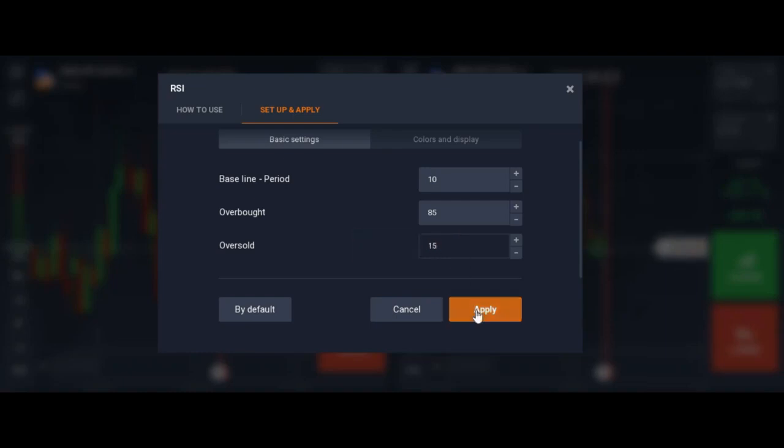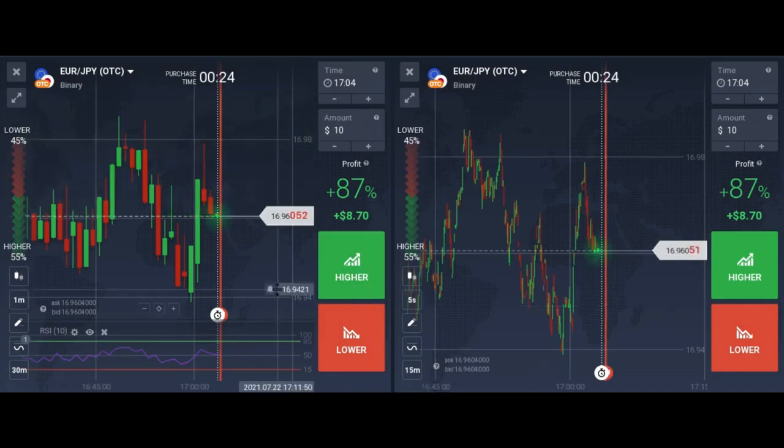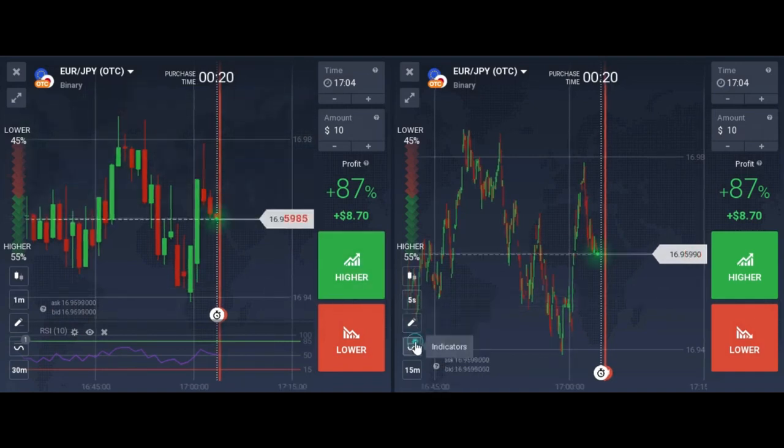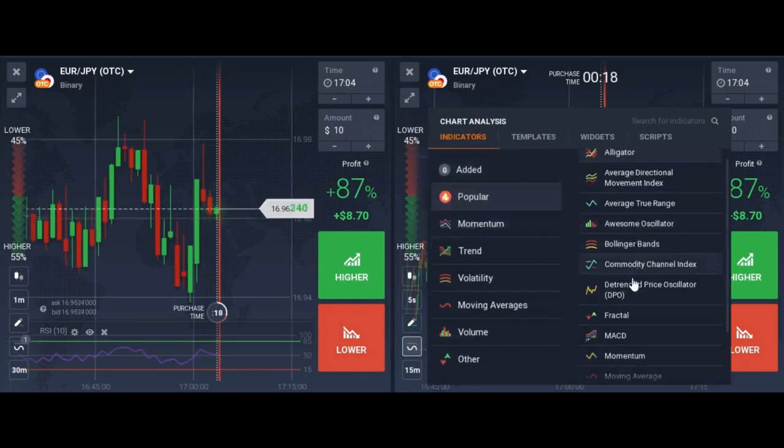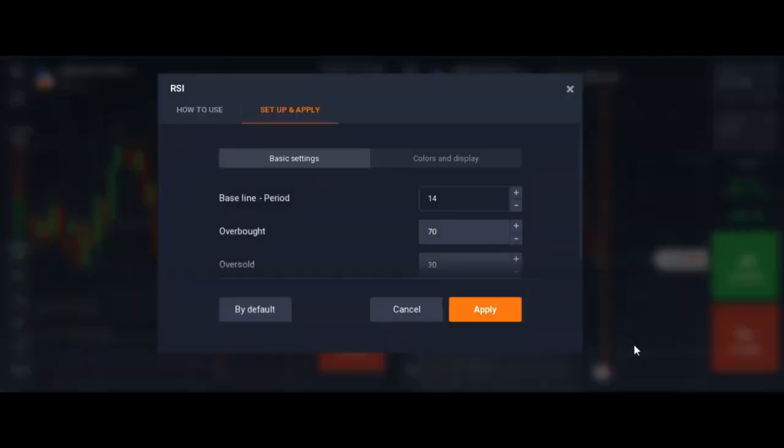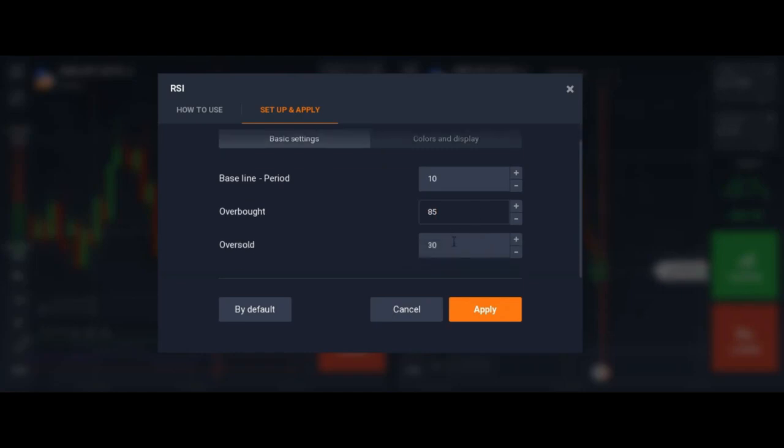As I always tell you, this indicator tells us when the asset is in the oversold or overbought zone. In the second chart, we also add the RSI with the same parameters, period 10, overbought 85 and oversold 15.